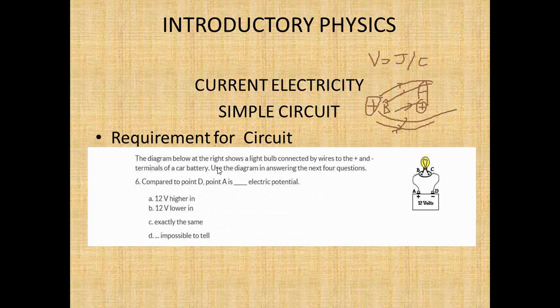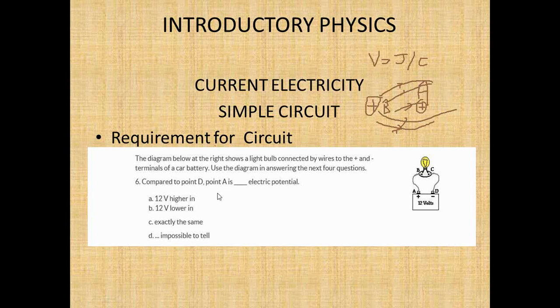Use the diagram in answering the next 4 questions. Compared to point D, D is your low potential terminal, A is your high potential terminal.